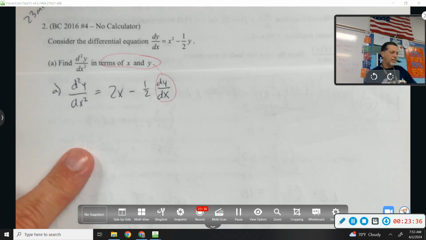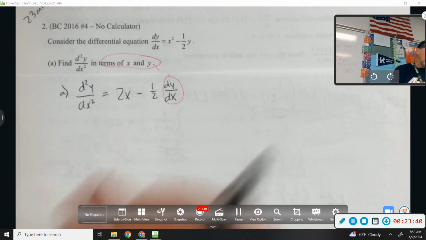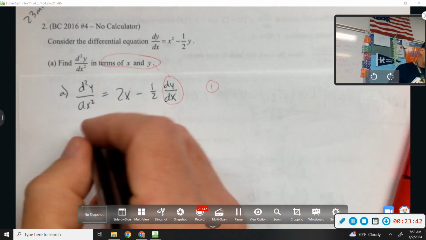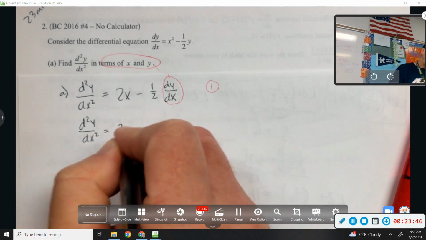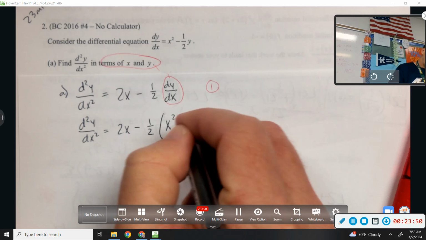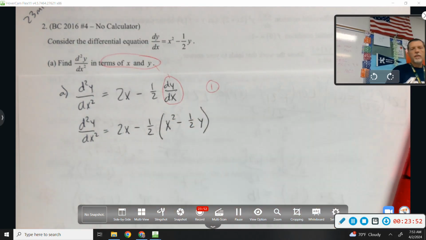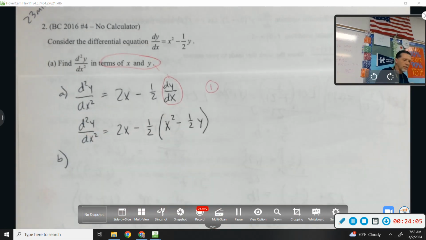My guess is this is probably a 2-point part, and you probably get 1 point for doing this and another point for plugging in dy/dx. And there's another safe stop, right? Sure, you could distribute the negative 1/2, but why bother? You did what they asked you to do. Take your point and move on.